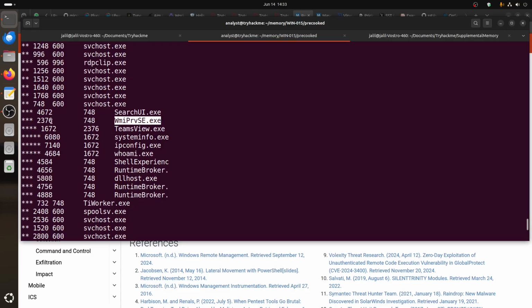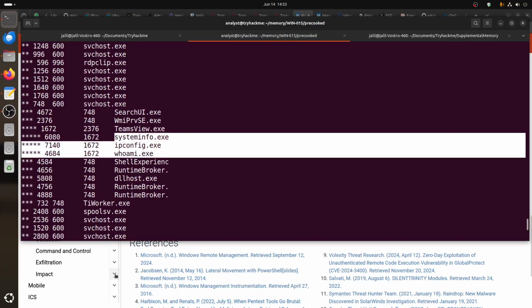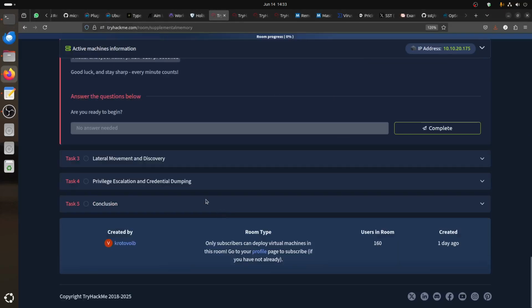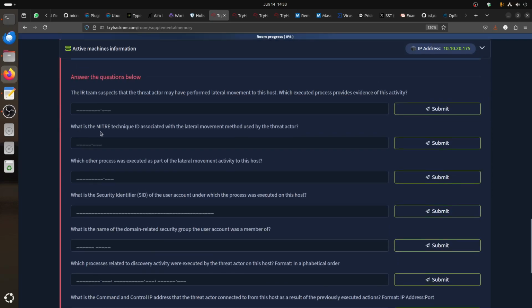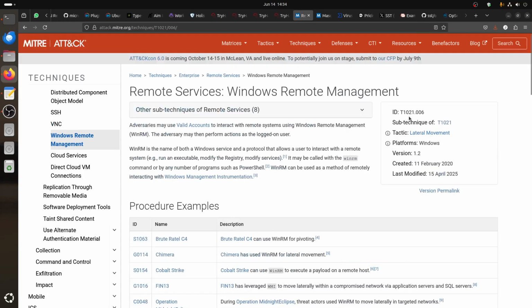This is process 2376. Then it launched this process from the user documents folder and then started doing. Now if you follow the question later in the room, he said, what is the MITRE ATT&CK ID associated with this? It's exactly this one, T1021.006, that's the technique ID.